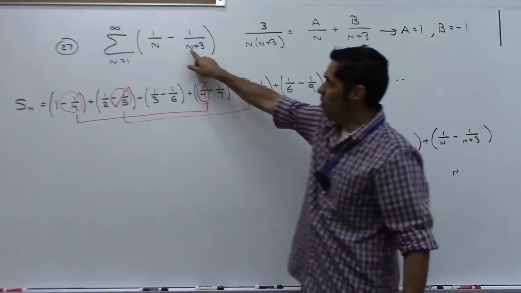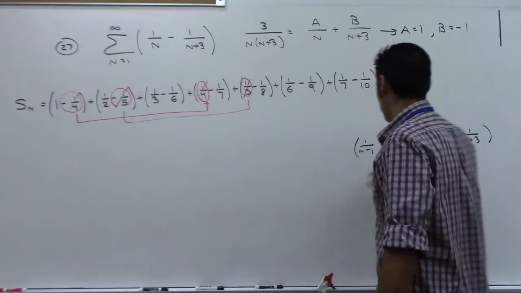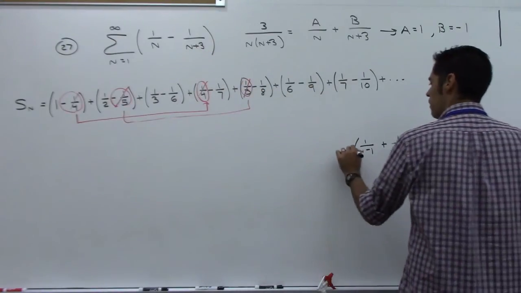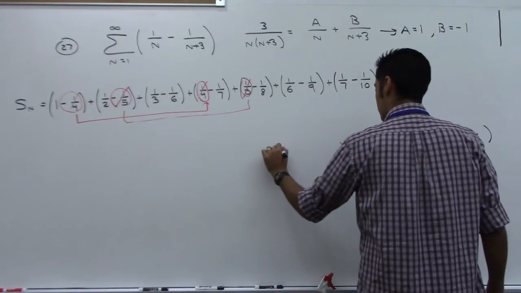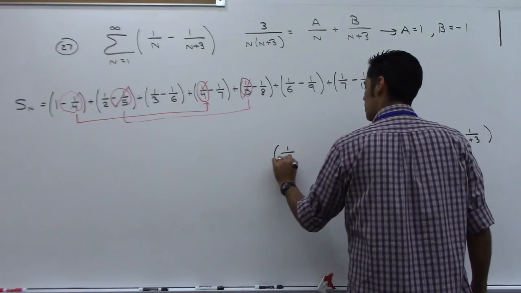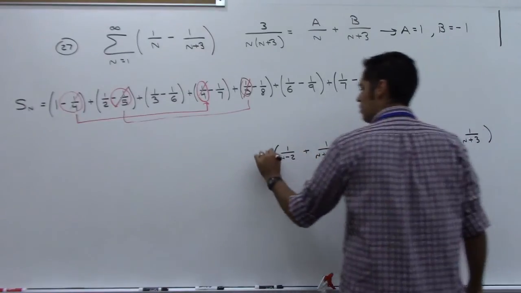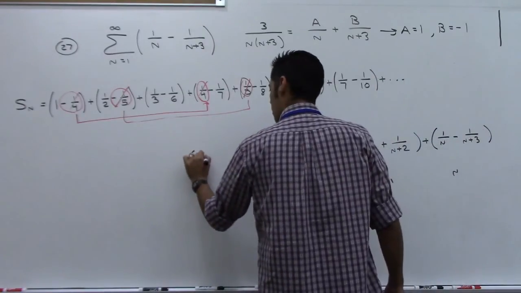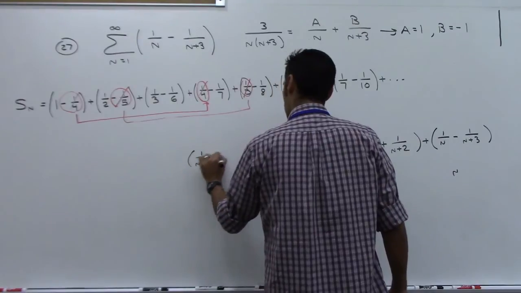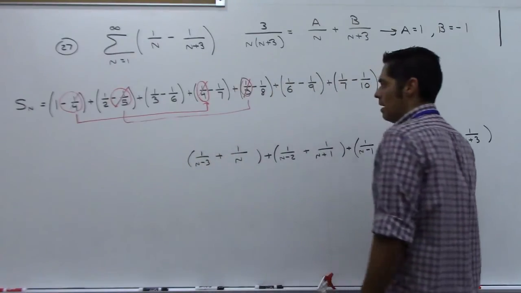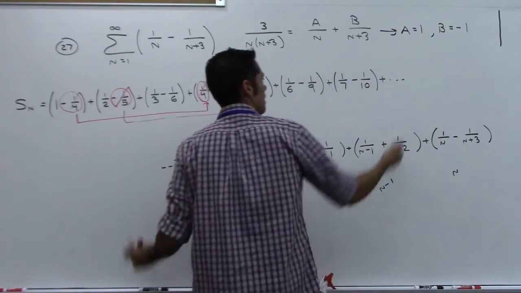N minus 1 plus 3 is n plus 2. The one in front of this is 1 over n minus 2 plus 1 over n plus 1. I'm going to do one more in front of that: 1 over n minus 3 plus 1 over n. And then in front of it, dot, dot, dot, is this right here.